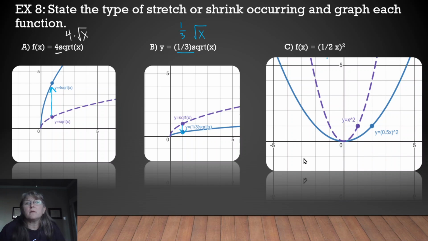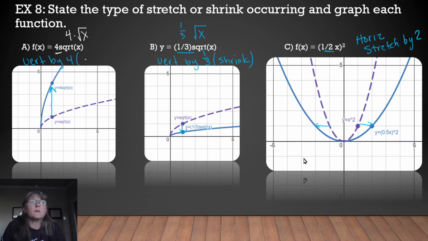In the last one, I'm now dealing with x squared. So purple is the parabola of x squared. But now I'm putting this 1/2 on the inside. So I'm taking these points and pushing it out so I get a horizontal stretch by 2. Whereas this one was a vertical by a third. So that would be a shrink. And this one is vertical by 4, so it would be a stretch.